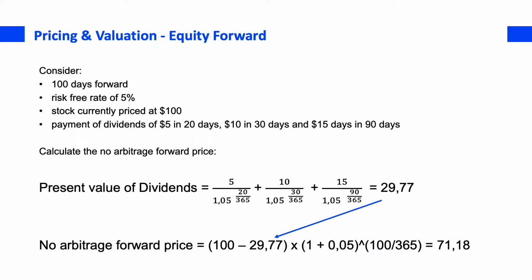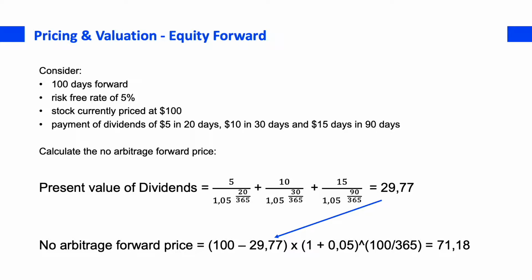So what we've got: calculate the no-arbitrage forward price for a 100-day forward on a stock that's currently priced at $100. So there's our spot. It's expected to pay dividends: $5 in 20 days, $10 in 30 days, $15 in 90 days. First thing I would do, let's look at this maturity date.